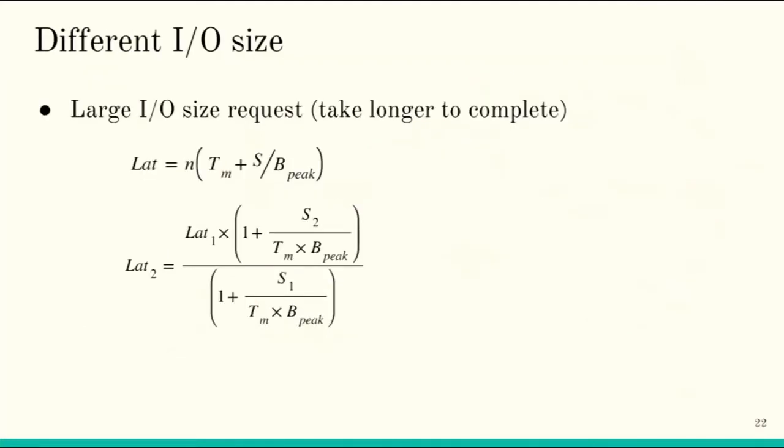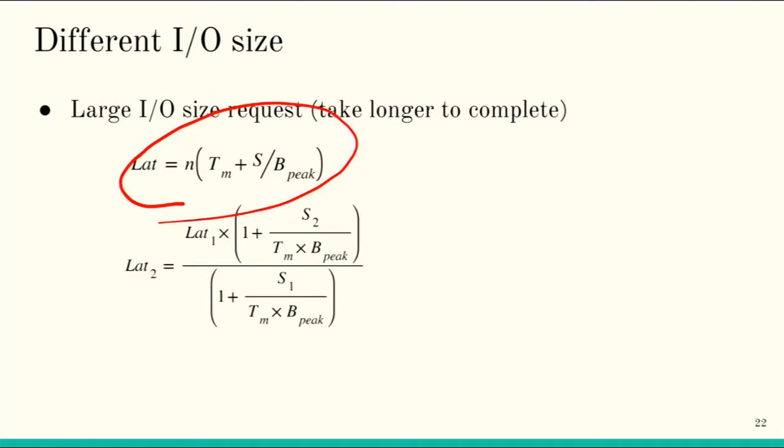We go to the next specific issue, which is how we can handle different IO size. We know that larger IO size requests take longer to complete, so we need to treat the normal, small, and large IO differently. For the latency formula, we convert from latency 1 to latency 2 to make a different treatment.